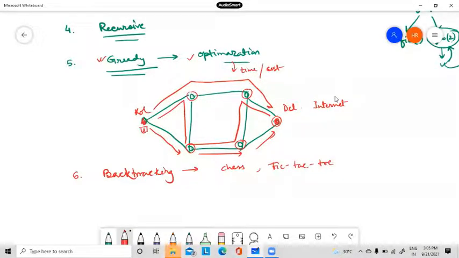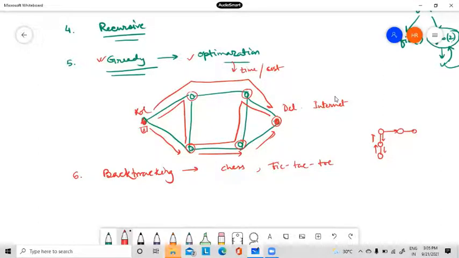Suppose in a chess game, I want to move into this state. These are my initial steps, and after moving into this initial step, I see that I can lose my horse, or I can lose my king. So I will backtrack.